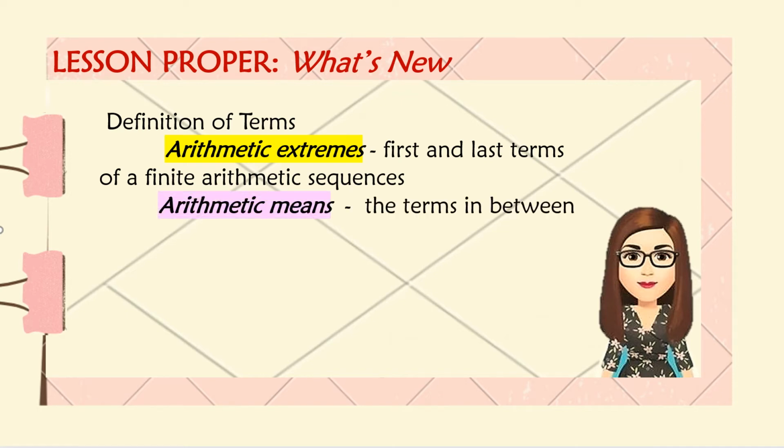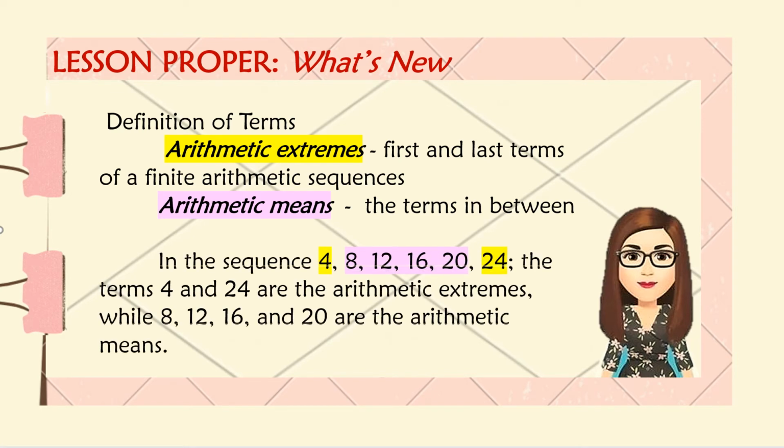Okay? Kasi, yung arithmetic means natin, again, ang definition, the terms in between are called arithmetic means. Okay? So, we have, again, in the sequence, si 4 tsaka si 24, arithmetic extremes. Si 8, 12, 16, at 20, sila yung arithmetic means.